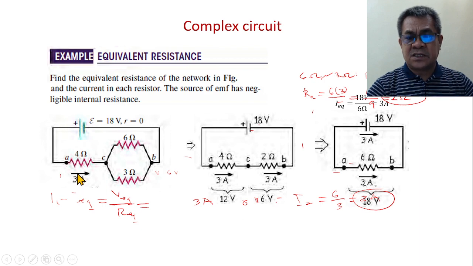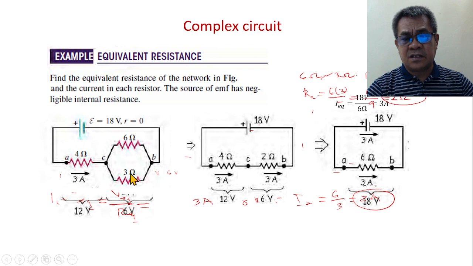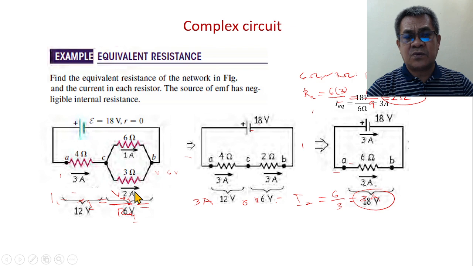So, meaning, this is 12 volts for the 4 ohms, and this is 6 volts for this combination. And take note that this is parallel. Whatever voltage there is, the same here. So therefore, this must be 6 divided by 3 equals 2, and 6 divided by 6 equals 1.